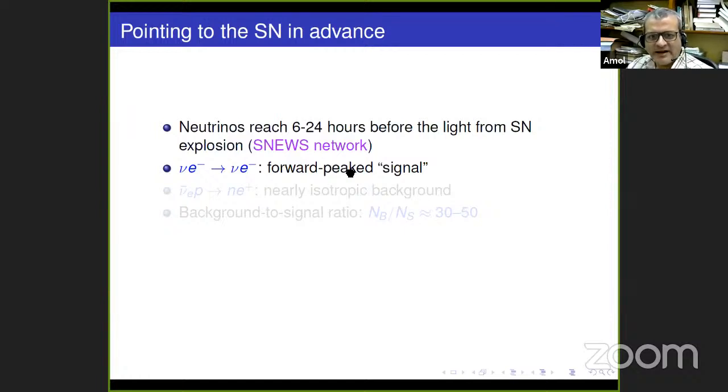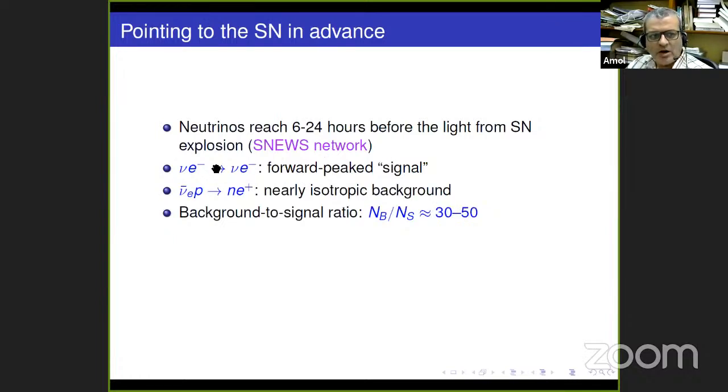Okay? And as we saw, we will have about 200, 300 events in Super Kamiokande of this type. The problem is not these events. The problem is that along with these, there are going to be lots of events of the inverse beta decay type, which I earlier told you is the major signal for a supernova. In these events, the positrons do not obey the same direction as the incoming neutrino.